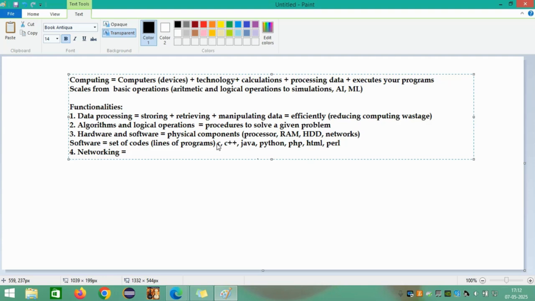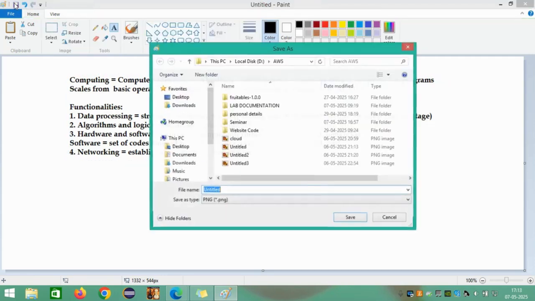So we have to have an established network to send and receive data. So that's about computing.